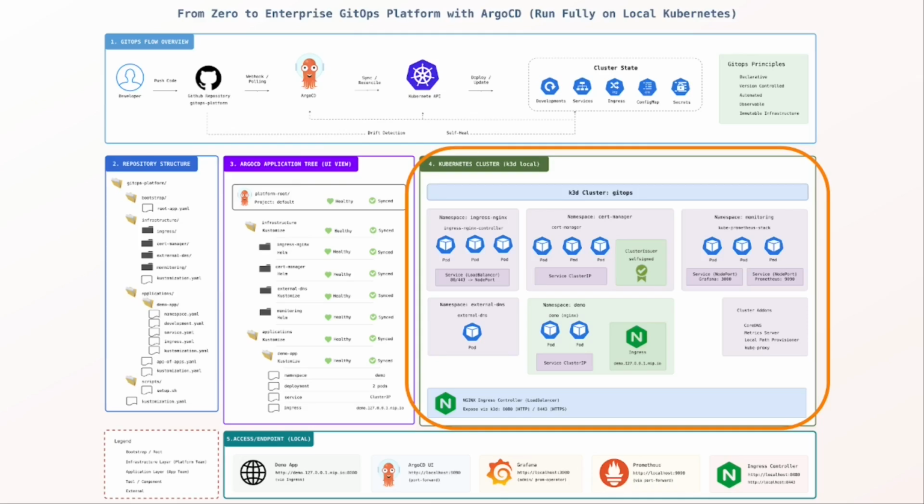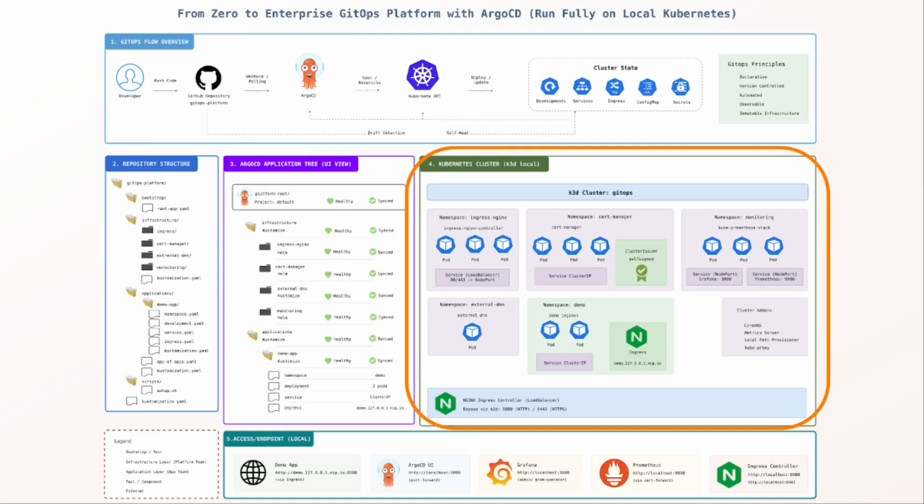The cluster is automatically created using the setup.sh script. This configuration exposes HTTP and HTTPS traffic from the Kubernetes load balancer to the local machine.